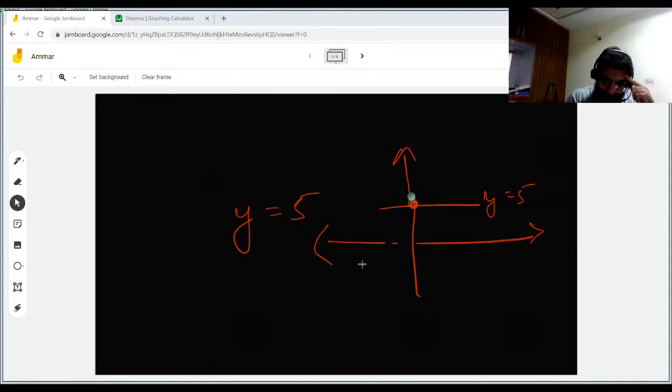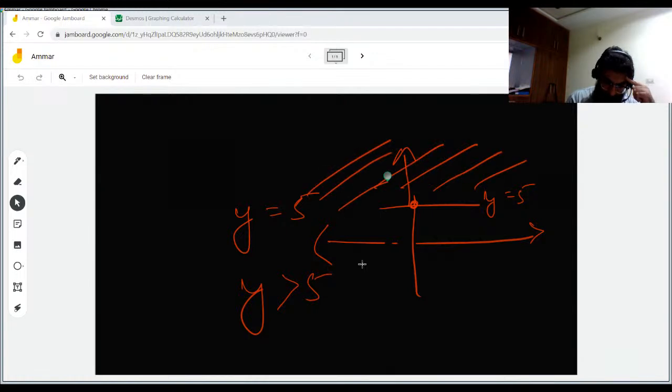But if I say y is greater than 5, it would mean all the region above this line. Do you remember this thing? Yes, I remember. If I say y is less than 5, it would obviously be for all the regions below it.